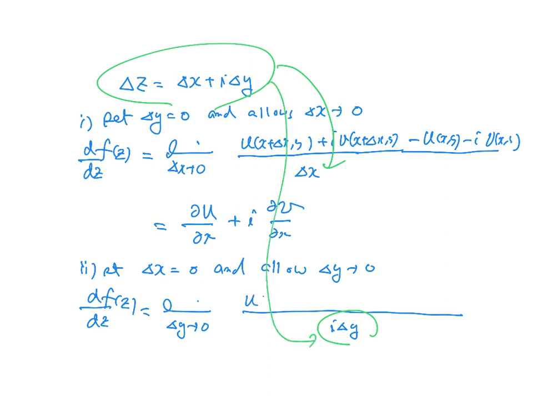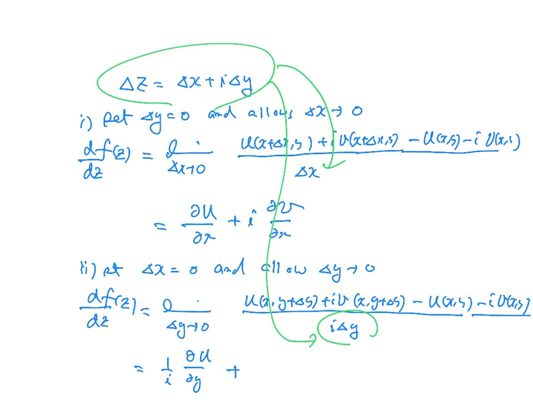The limit of [u(x, y plus delta y) plus i v(x, y plus delta y) minus u(x,y) minus i v(x,y)] over i delta y is 1 over i partial u over partial y plus partial v over partial y, the same as partial v over partial y minus i partial u over partial y.